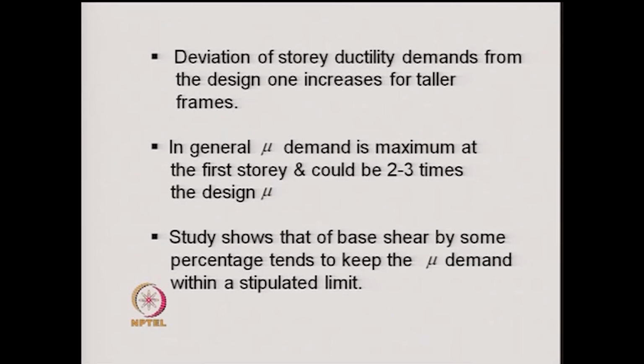Secondly, the deviation of the story ductility demands from the design one increases for taller frames. In general, the ductility demand is maximum at the first story and could be about 2 to 3 times the design ductility for the frames.